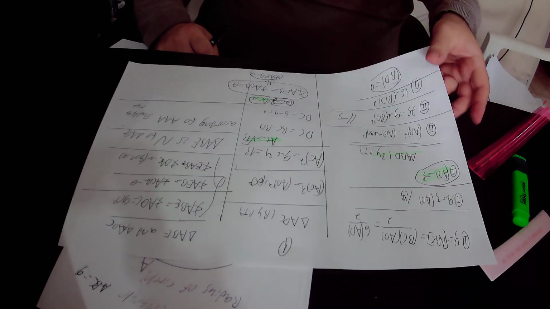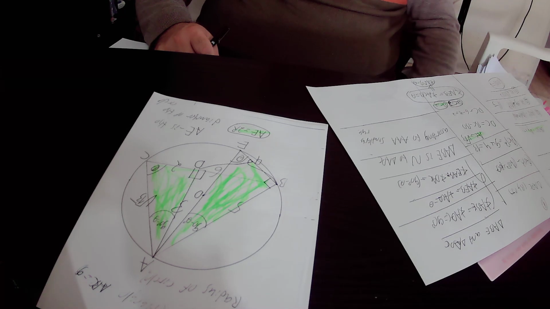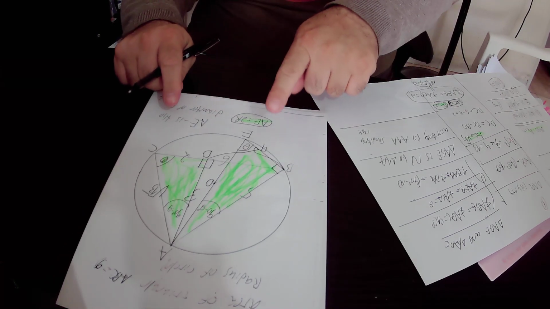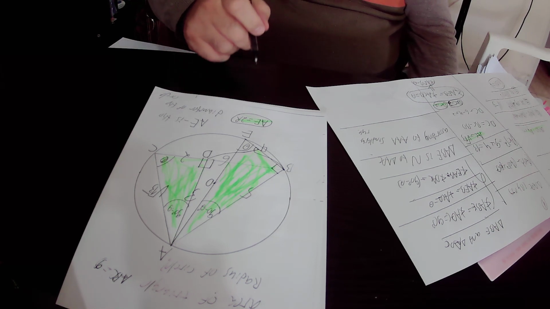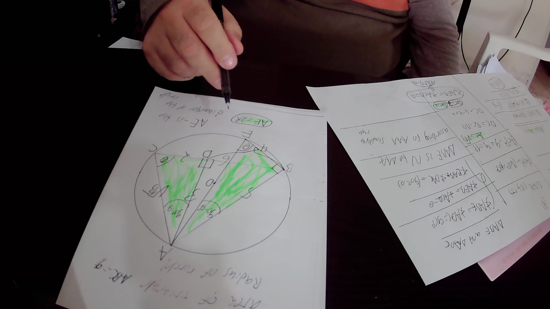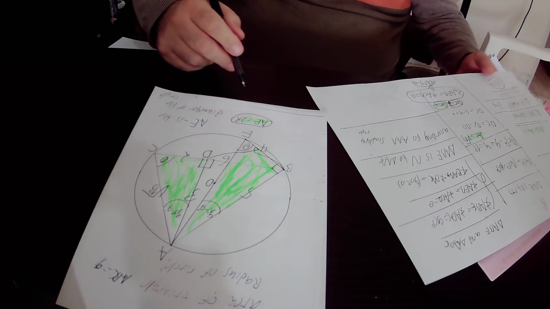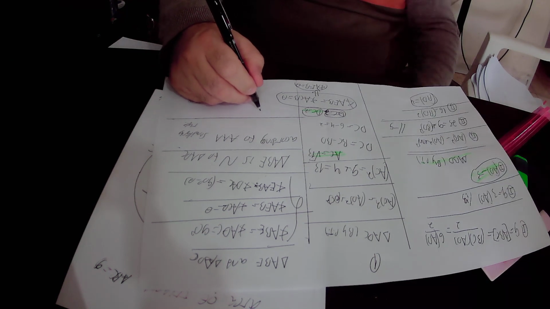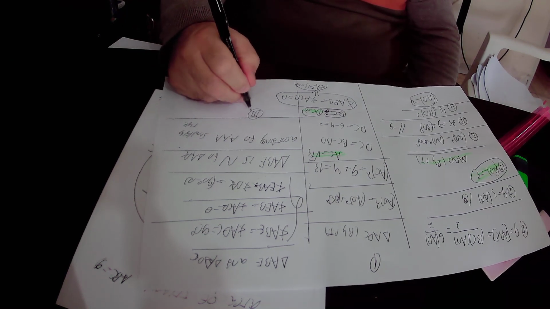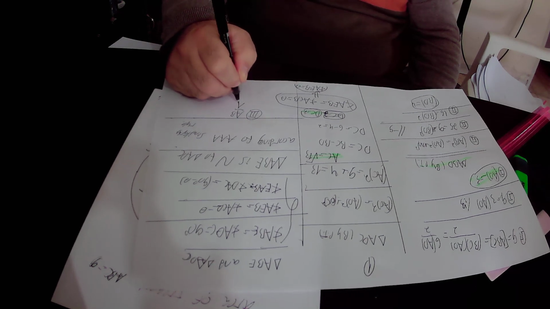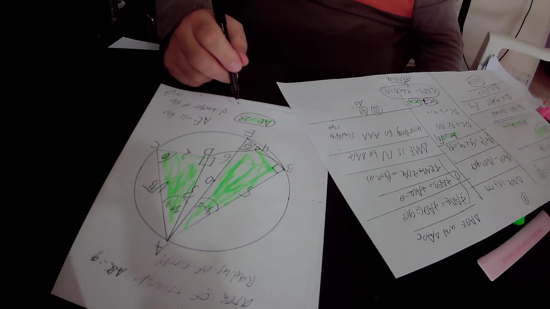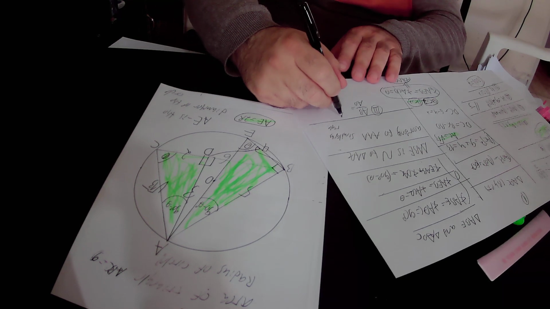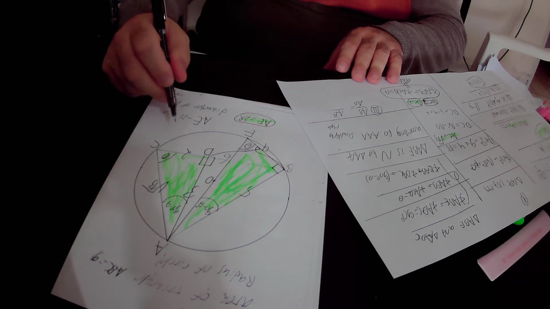Okay, and from the fact that those two right triangles are similar to each other, we conclude that the following equation is true: AB over AD equals AE over AC.